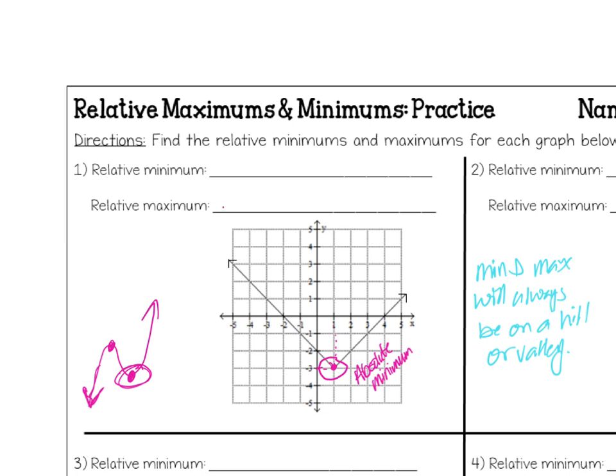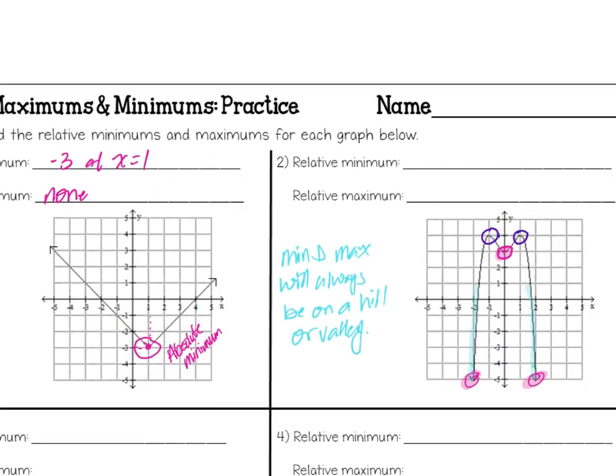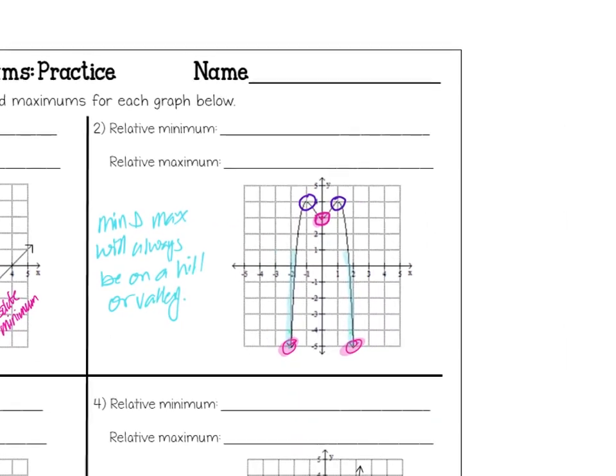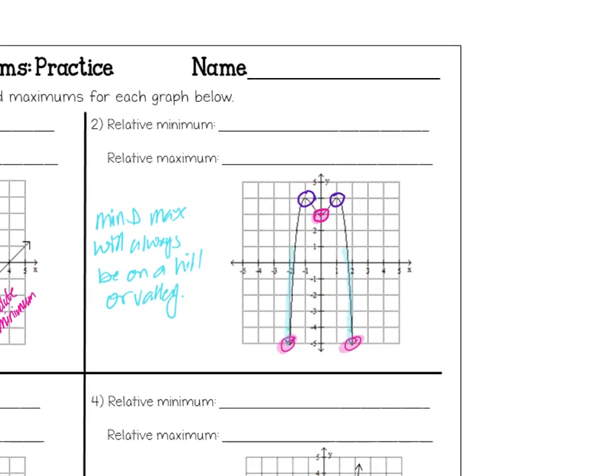Wow. Okay. So it wants my minimum first. And so my minimum is 3 at x equals 0.